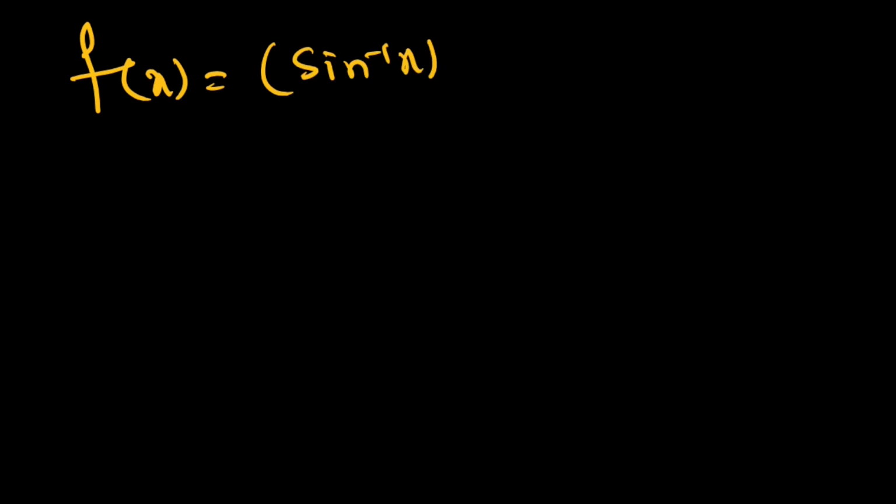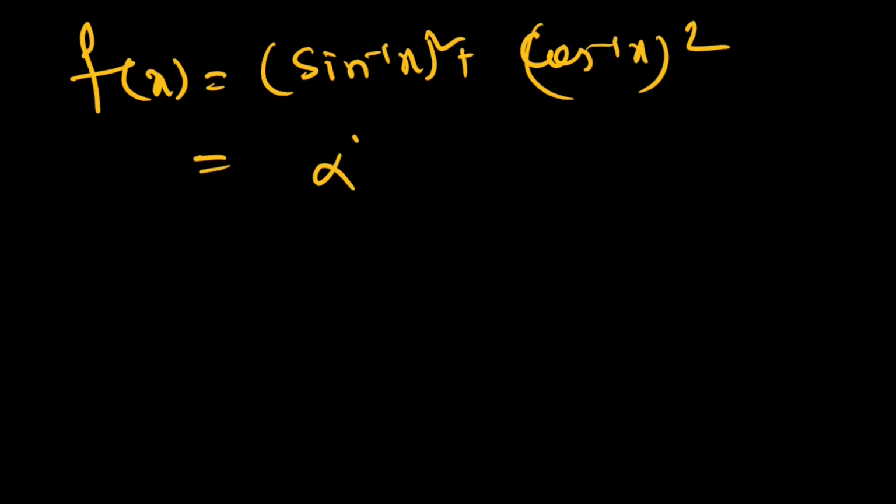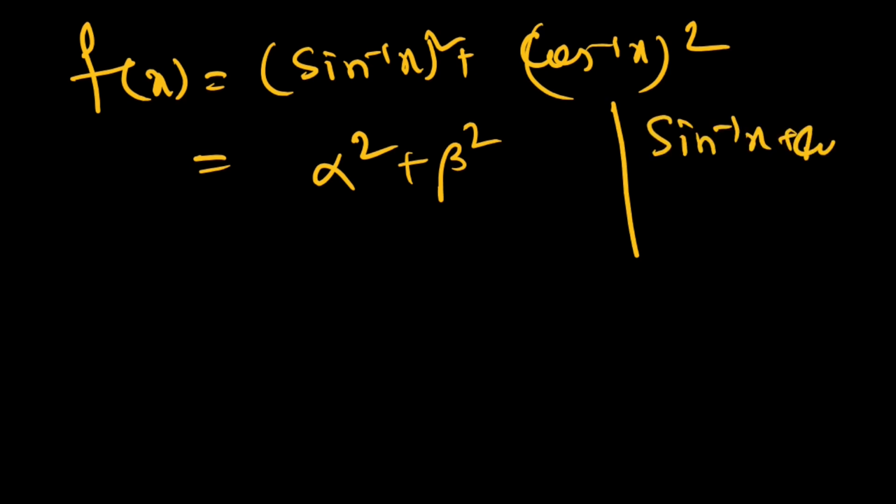Therefore overall in this question, we take our function f of x, that is sin inverse x whole square plus cos inverse x whole square. We choose sin inverse x as alpha and cos inverse x as beta. So we use our identity sin inverse x plus cos inverse x is equal to pi by 2.